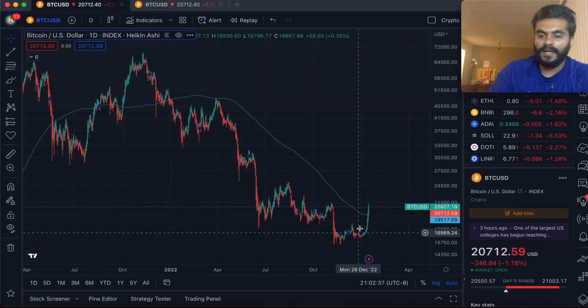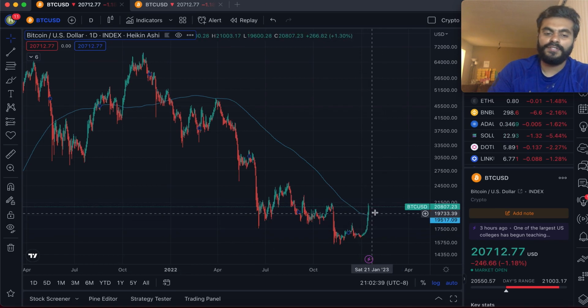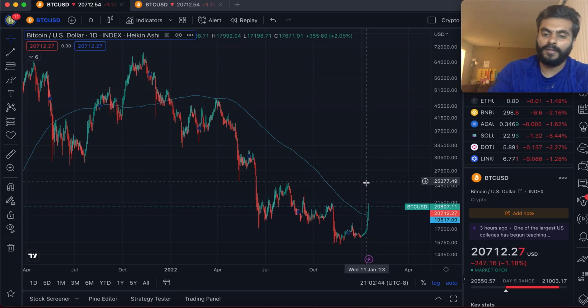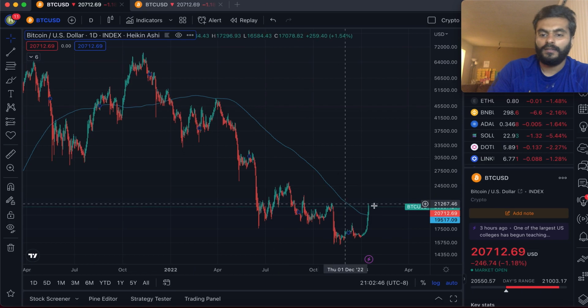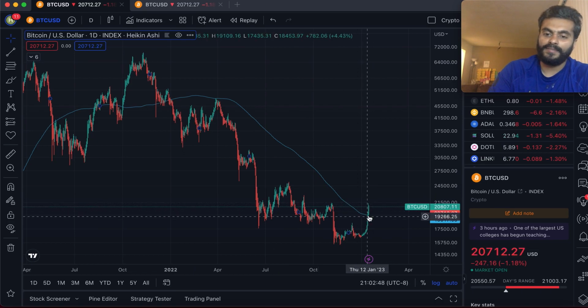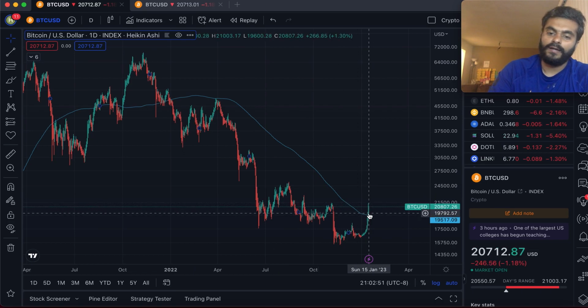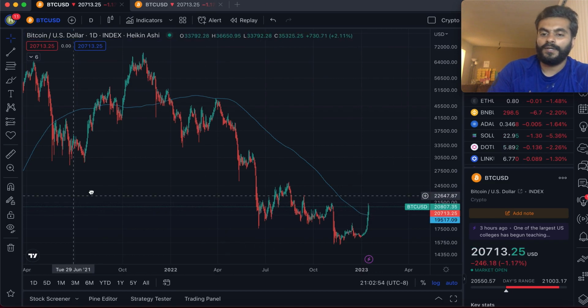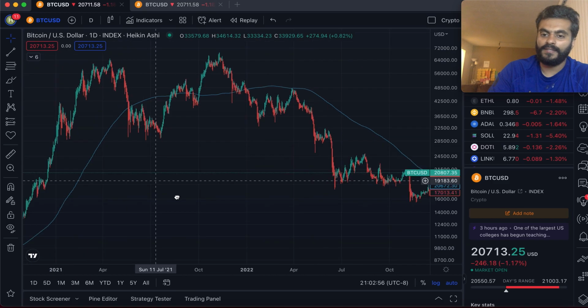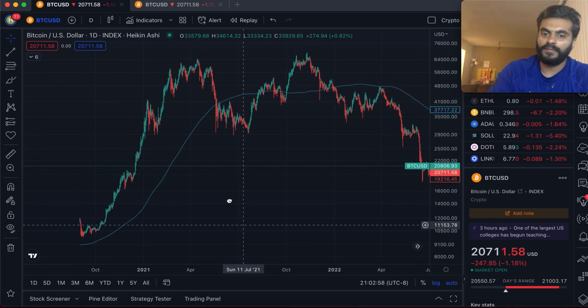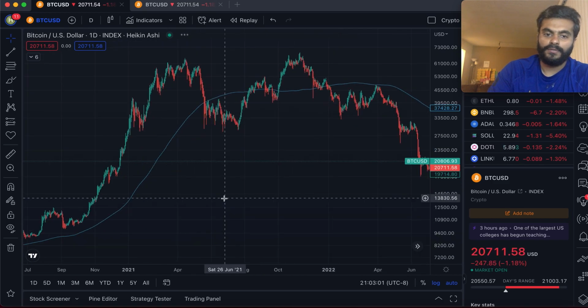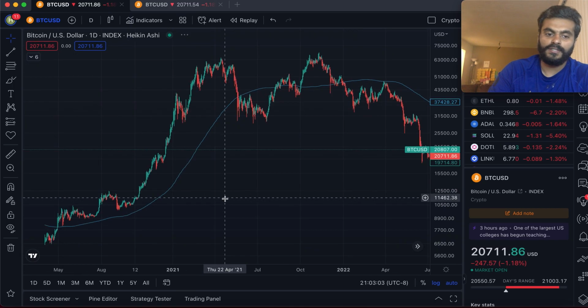So this rally, for the first time since Bitcoin had its bull market in 2021, has broken this line. The resistance in the bear market, which is the 200-day moving average, has been broken. So that is slightly good news for the Bitcoin investors.